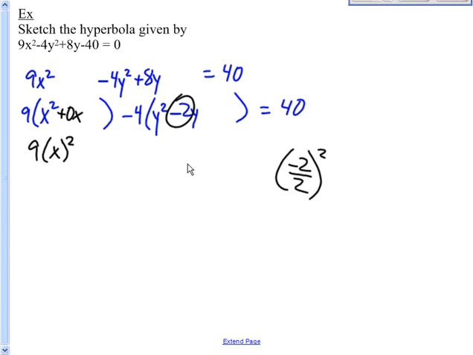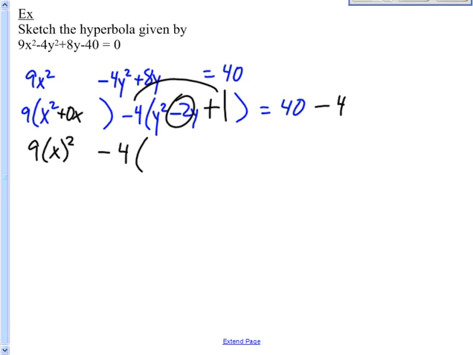Negative 1 squared is positive 1, so I want to throw in a plus 1 to complete the square. But what did I really add to this side? I actually subtracted 4. So I got to subtract 4 from that other side, right? To offset, I got to do the same thing to both sides, the addition property of equality. So we got minus 4. Now I factor y squared minus 2y plus 1, y minus 1 squared. Then we got 36.